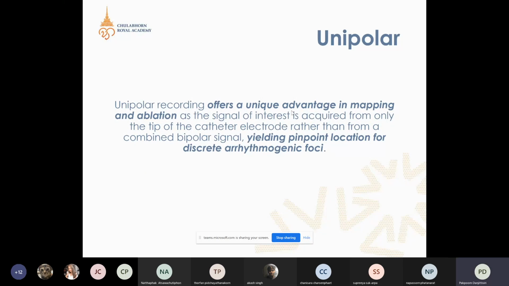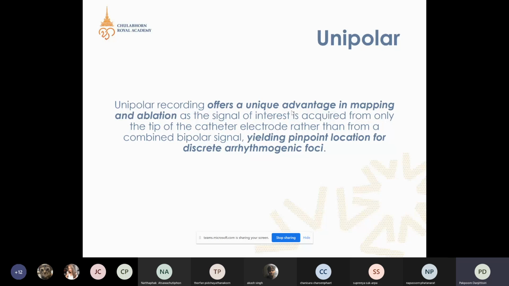This is the advantage of the unipolar when the doctor is ablating the arrhythmia from arrhythmogenic foci, which means there is an abnormal electrical impulse generated from an abnormal group of cells, just one group or group area.